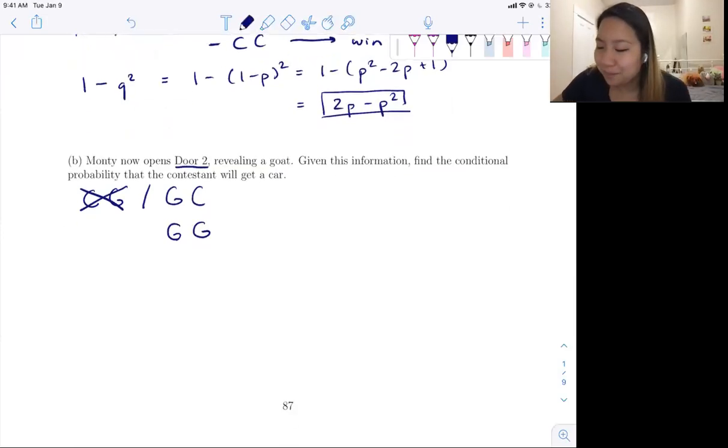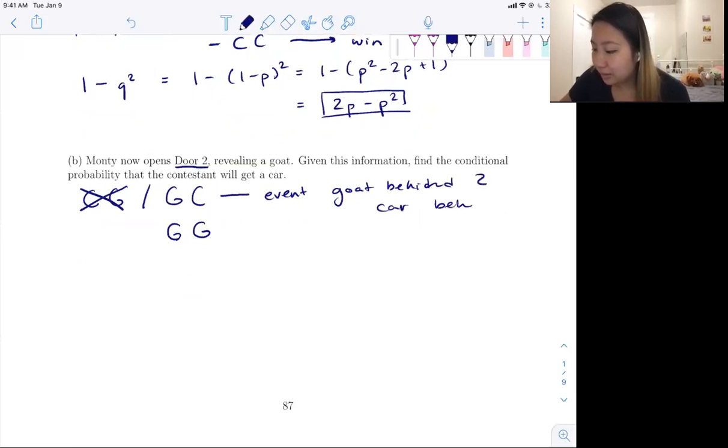Let's name this GC event, goat behind 2, car behind 3, and then this is the event goat behind both.